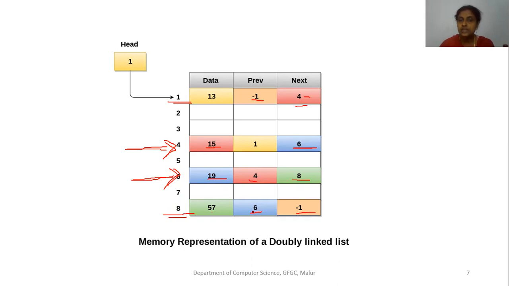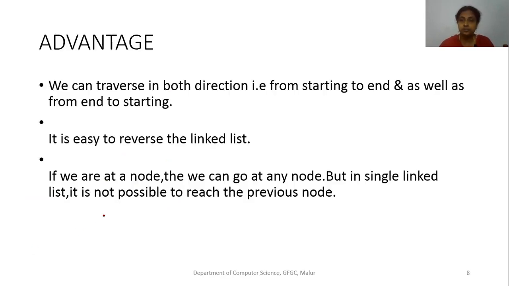Previous node is 6. Next node is -1. Why? Because the next part of the last node should be assigned null. So remember, in a double linked list, the first node's previous part should be null and the last node's next part should be null. So that's what we have done in this memory representation.